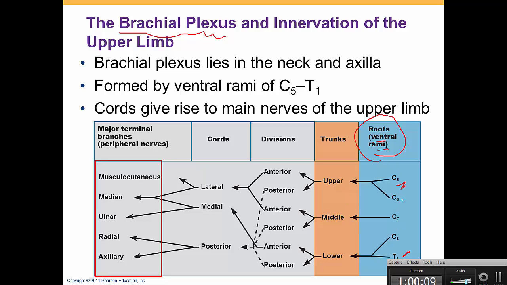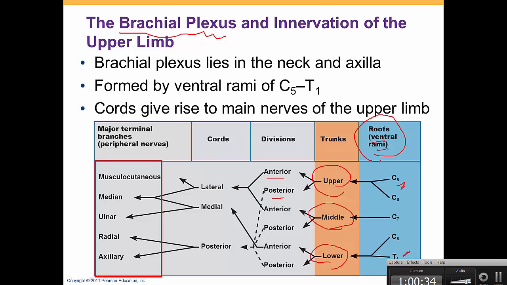The C5 and 6 come together and make the upper trunk. The C7 goes by itself to make the middle trunk. And the C8 and T1 make the lower trunk. Then these trunks will divide and give you divisions. So we have the anterior and posterior division from each trunk.